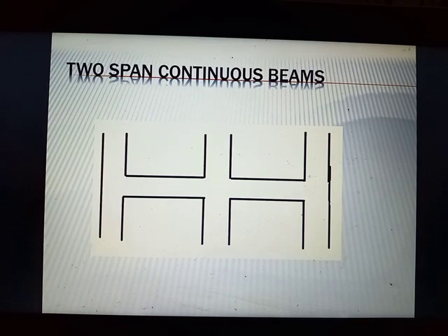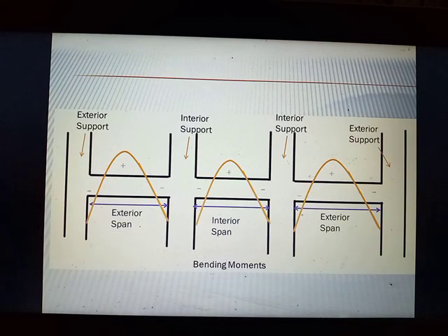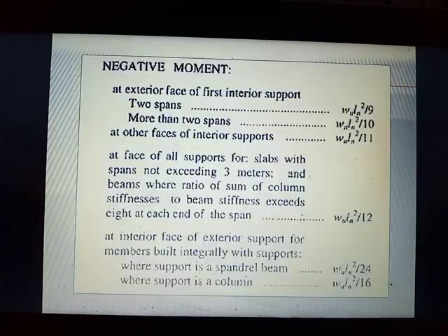Okay, so let's have some examples for two-span continuous beams. This time we will be tackling the applications of NSCP 2010 408.4.3.